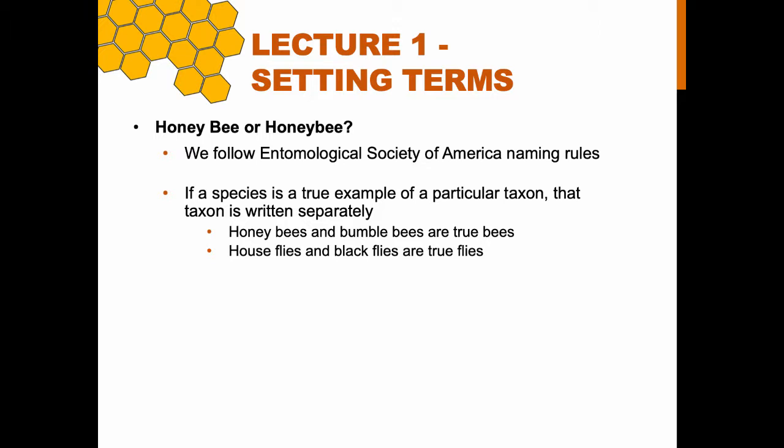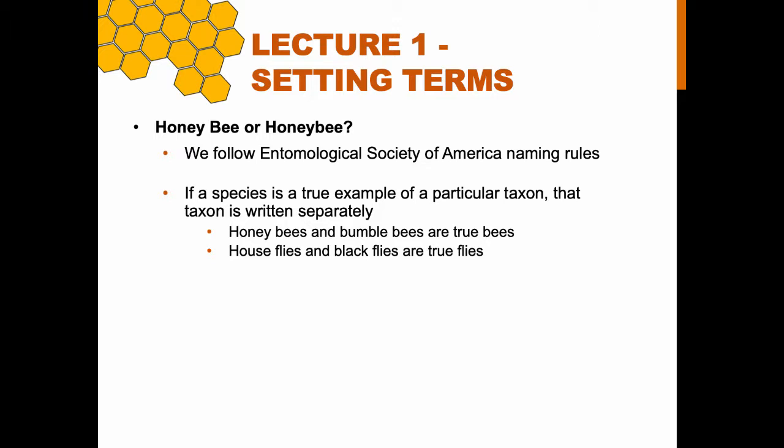So, a question that I hear semi-regularly is, is it "honey bee" or is it "honeybee"? Two words or one word, right? And if you're typing up a document in Microsoft Word and you type "honey bee" as two words, they'll put a little red line under it and they'll say, don't you mean "honeybee", all one word?